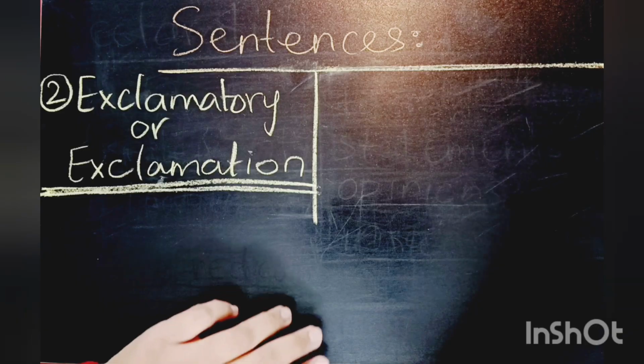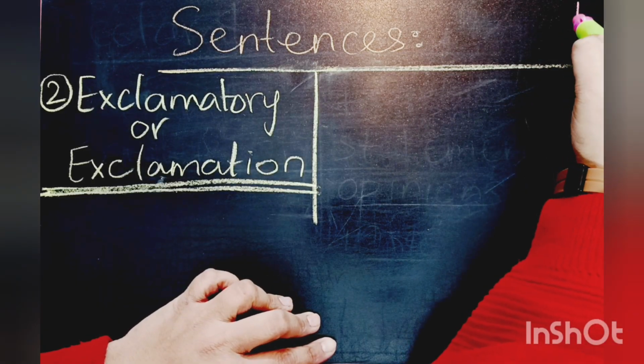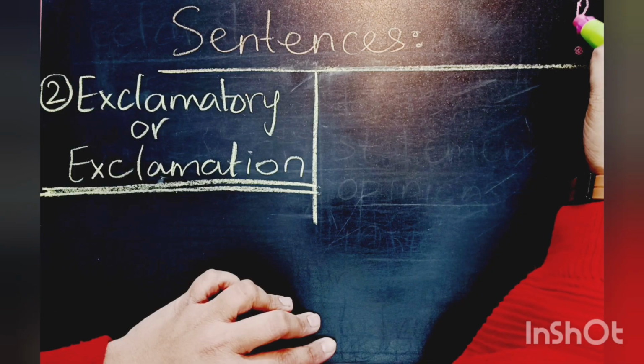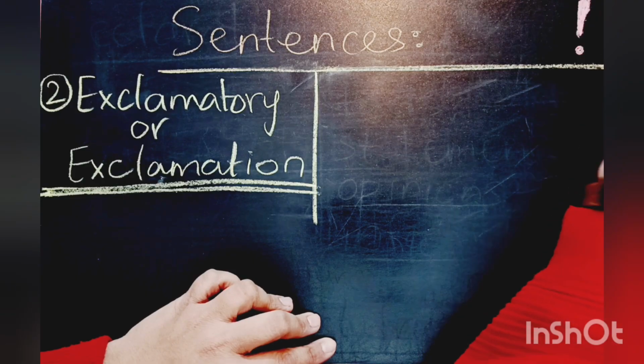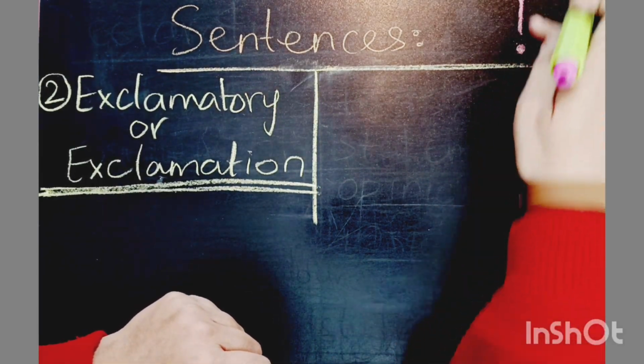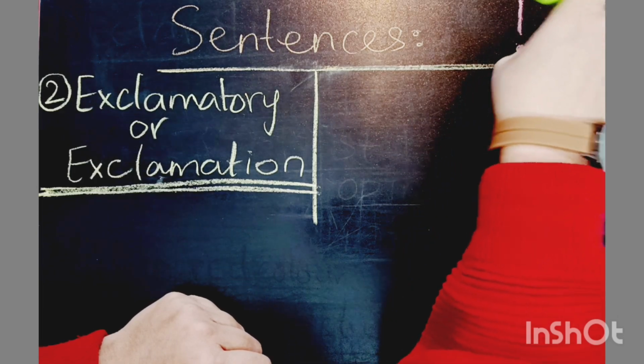And these sentences actually end with an exclamation mark, that is like this. Okay, or in a simple way, like a line and a full stop under it.